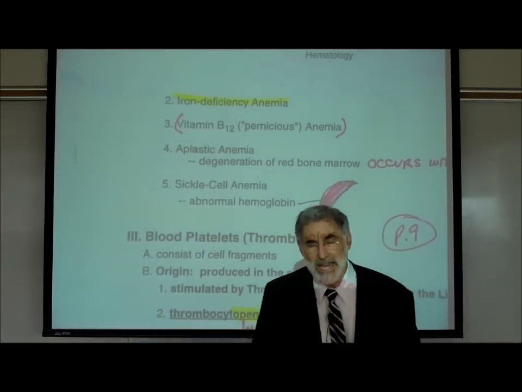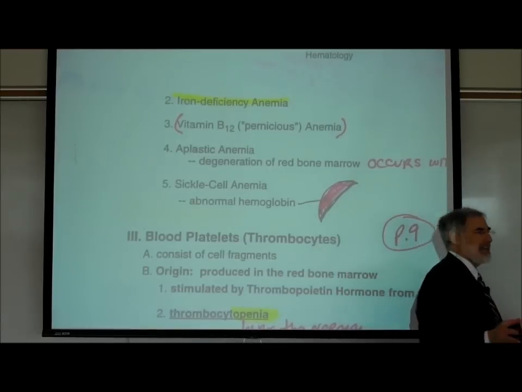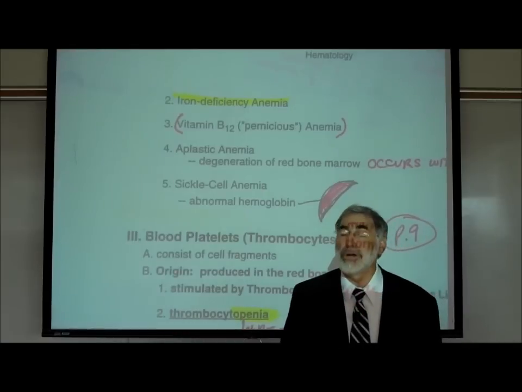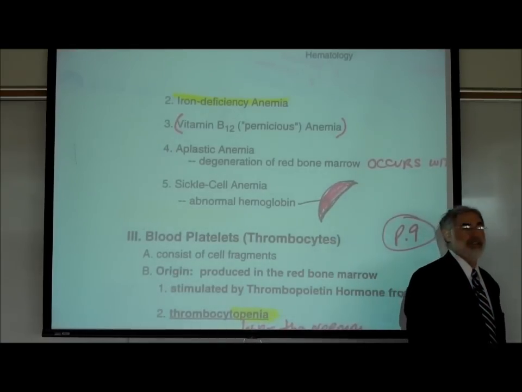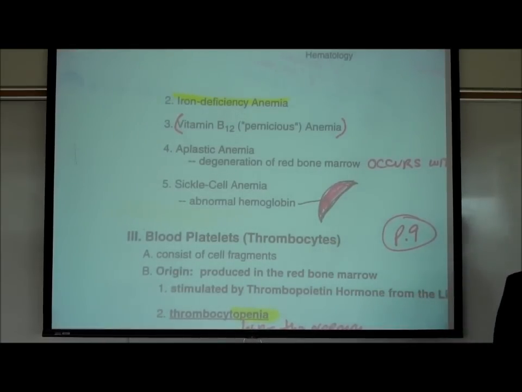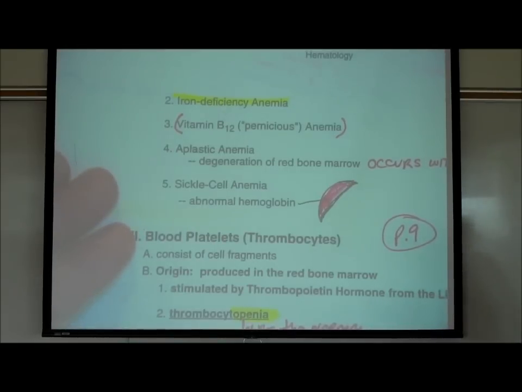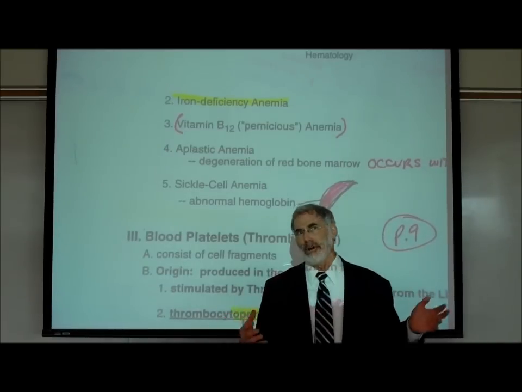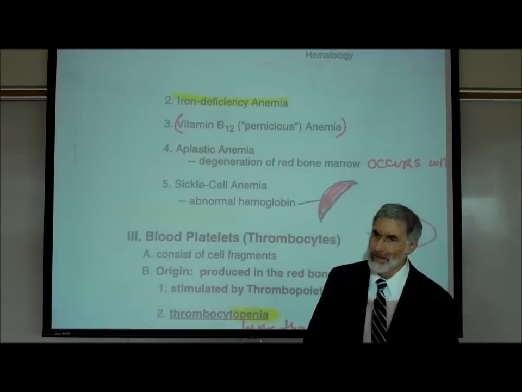So somebody might have the right number of red blood cells, but because they're not getting enough iron in their diet, they don't have the normal amount of hemoglobin in their red blood cells. So even if their red blood cell count is normal, their hemoglobin content in their blood might be less than normal.